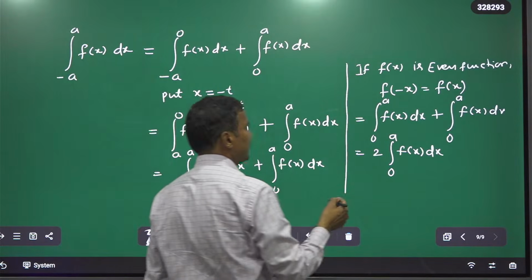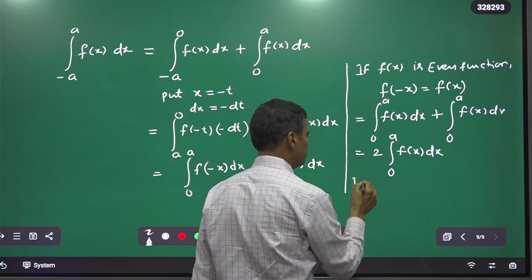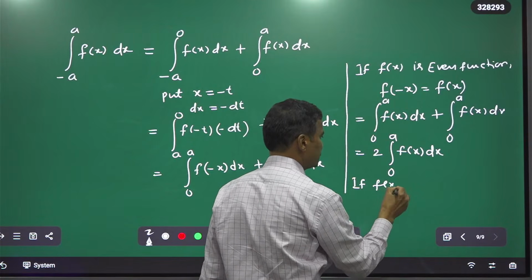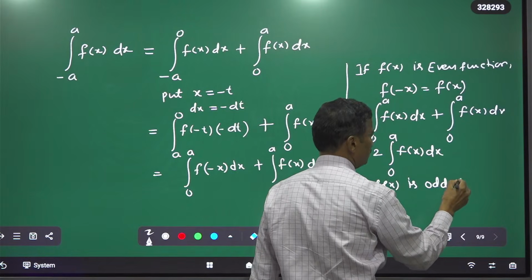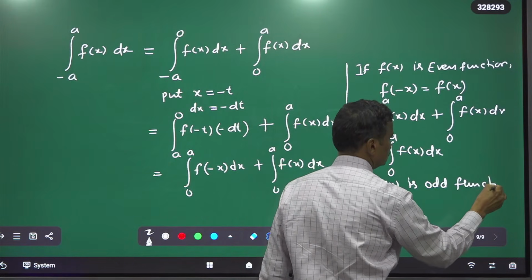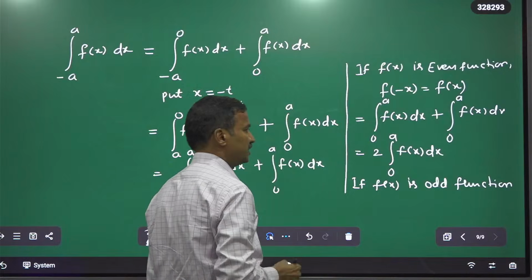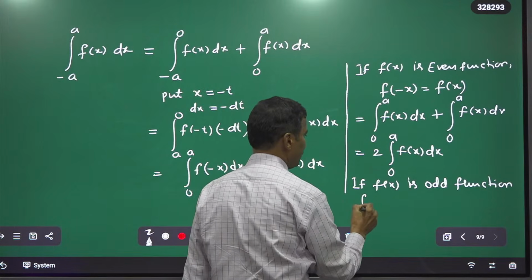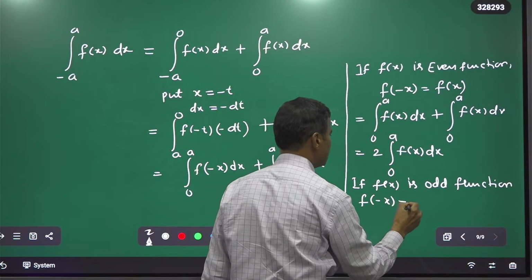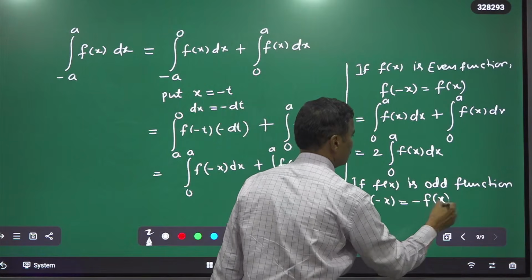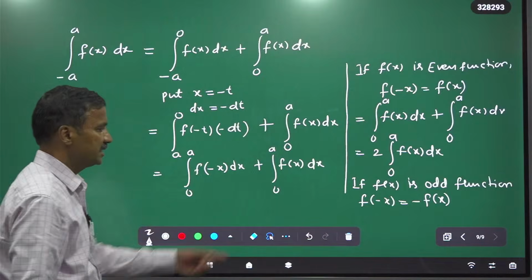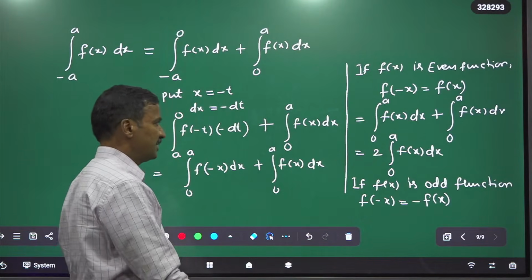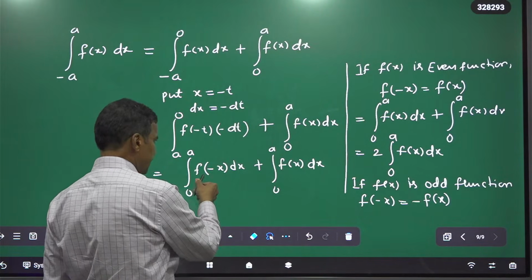Now, if f of x is an odd function, then f of minus x is equal to minus f of x. Then here we write minus f of x.